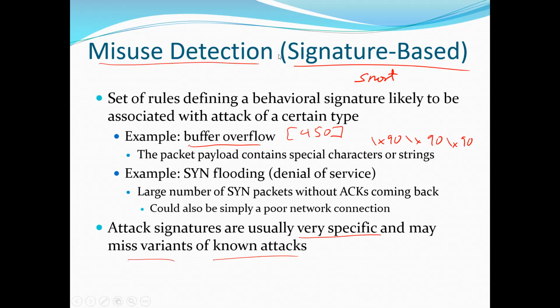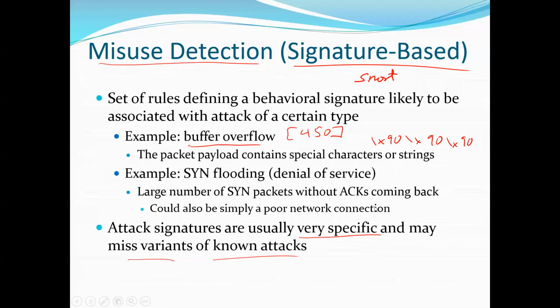So very much like with malware, right? In malware, you have the code of a virus, a computer virus, but then you have a polymorphic virus that changes its code a little bit, and then the hash values don't work. So this is sort of the same idea.